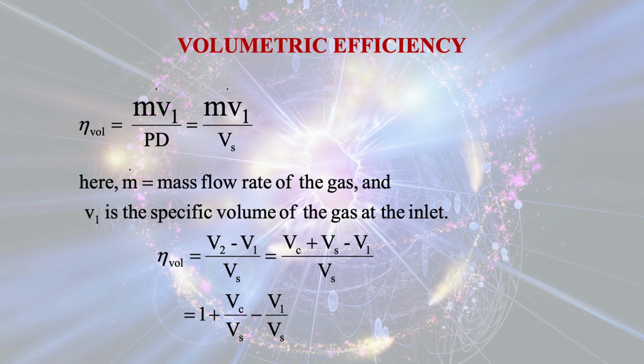So, eta volume is equal to V2 minus V1 by Vs, which is equal to Vc plus Vs minus V1 whole divided by Vs, equal to 1 plus Vc by Vs minus V1 by Vs.